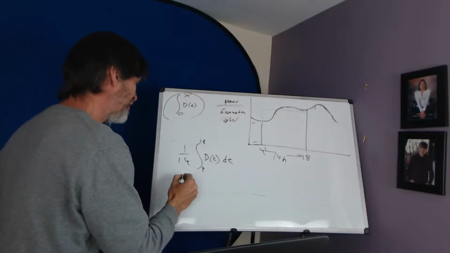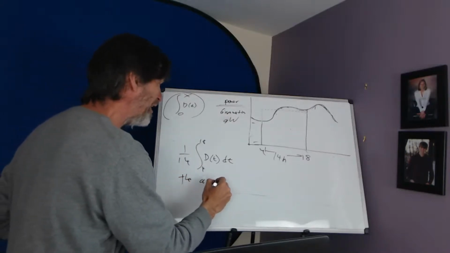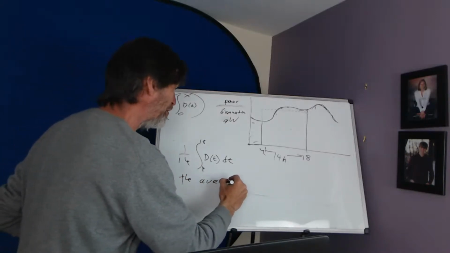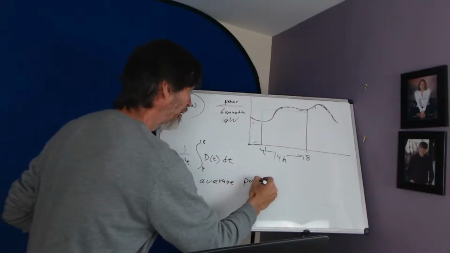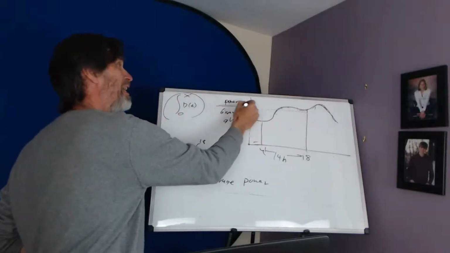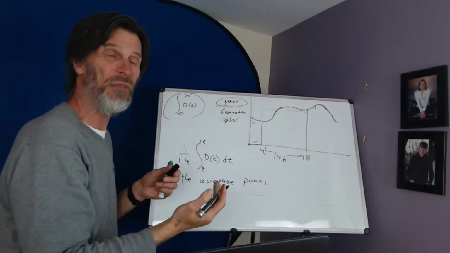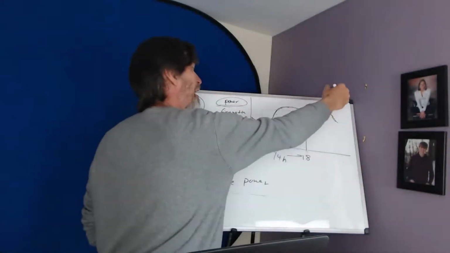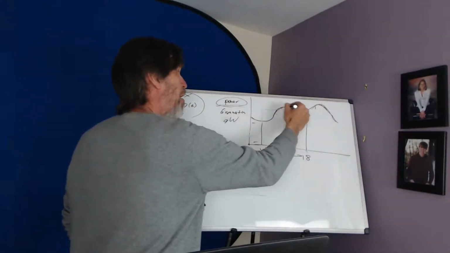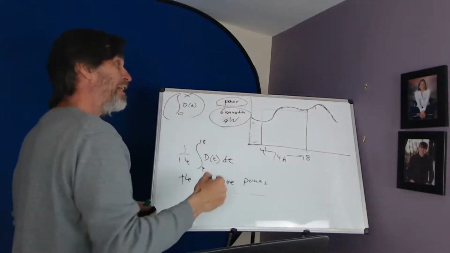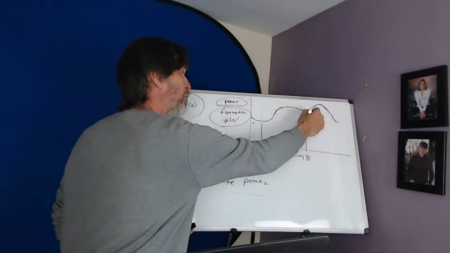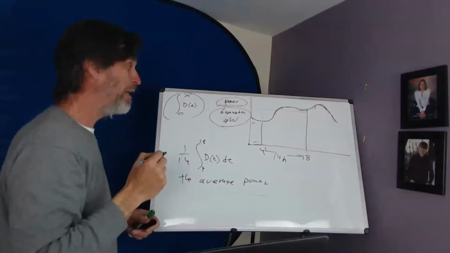Okay, so this is the average, not the average energy, but the average power. It's the same units as I have over here, measuring the same thing. I've just replaced this thing that has a bunch of curves, this power function measured in gigawatts, with a simpler line.